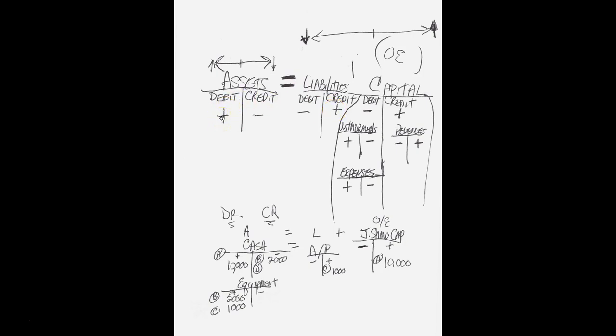Make an investment in the company, if it's cash, debit cash, credit the capital account. If you earn a revenue, debit either cash or accounts receivable, credit revenue. If you pay off the liability, debit liability, credit assets. If you make a withdrawal, debit withdrawal, credit assets. Debits and credits must always be equal.